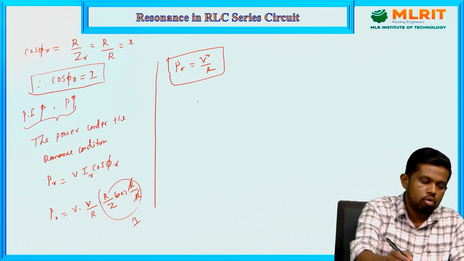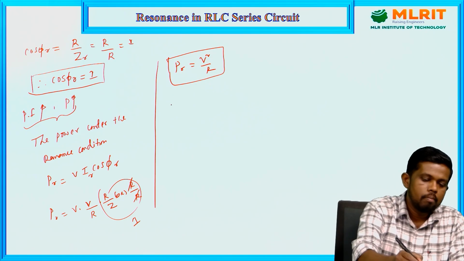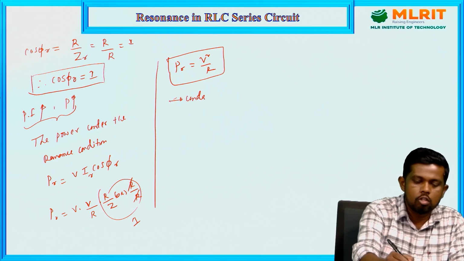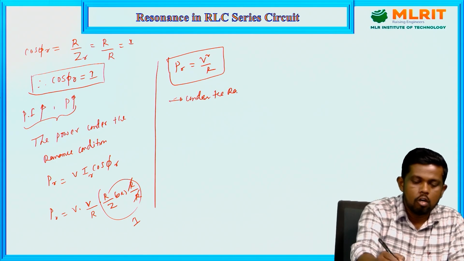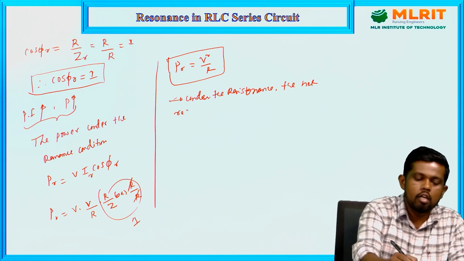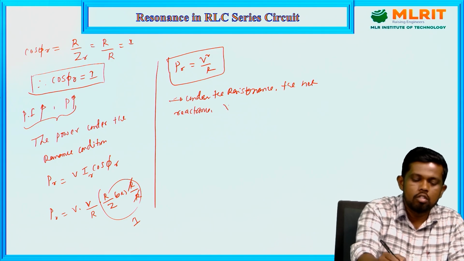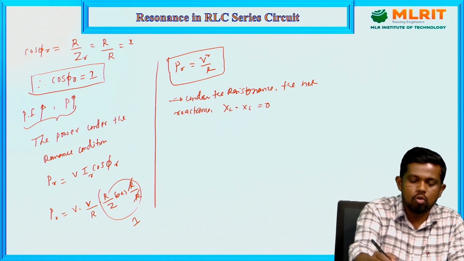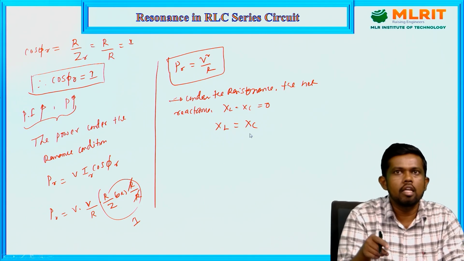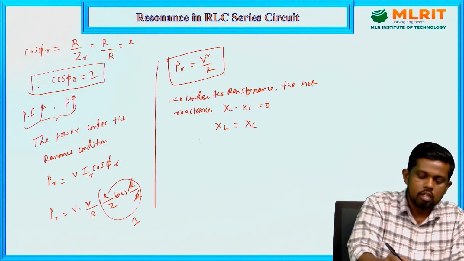Next we would like to take one more parameter under the resonance condition. The net reactance is X L minus X C equal to 0, which means X L equals X C. What we want to find is the voltage across each element under resonance condition.